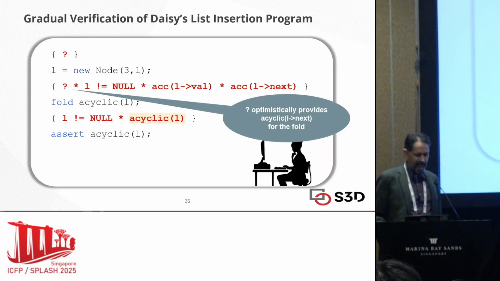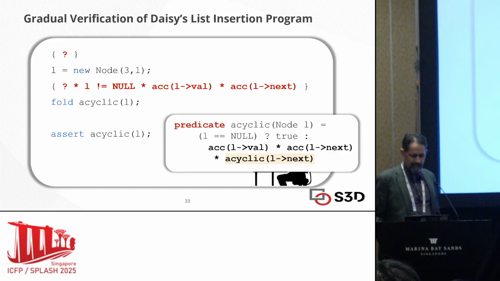And then what's going to happen is later on we're going to fix things up by checking dynamically that this missing piece is actually true at runtime, right? So we will eventually check this soundly, but it'll be a combination of the static and dynamic checks.